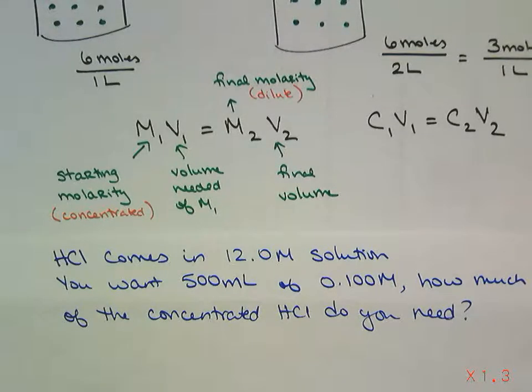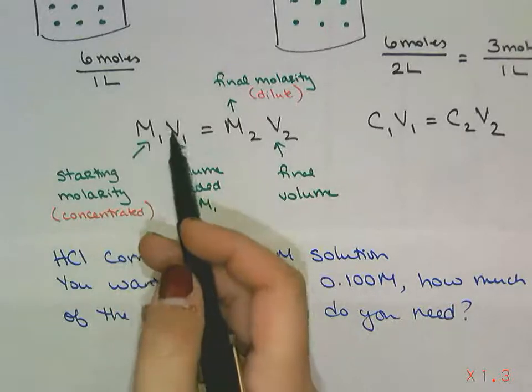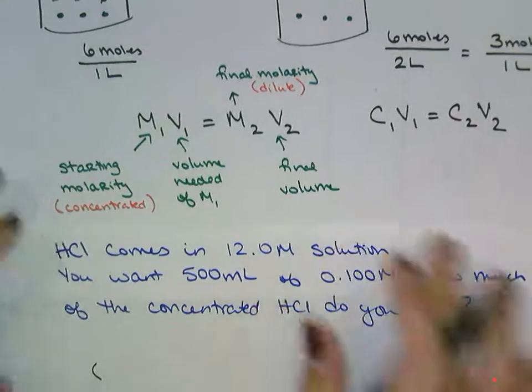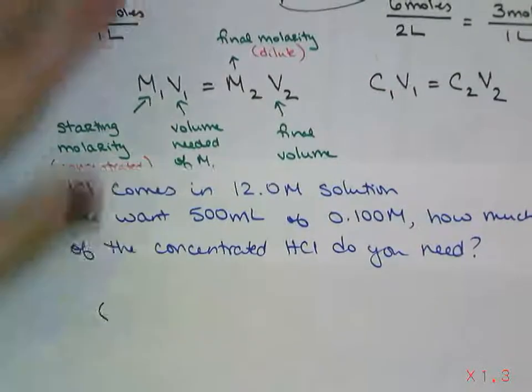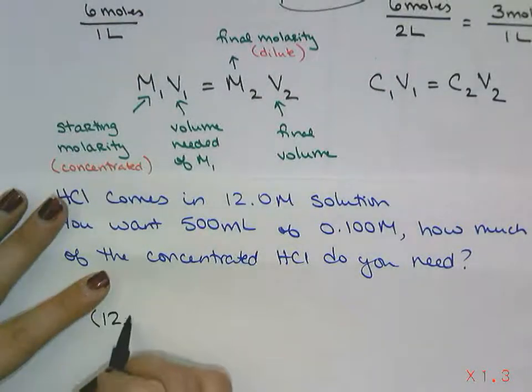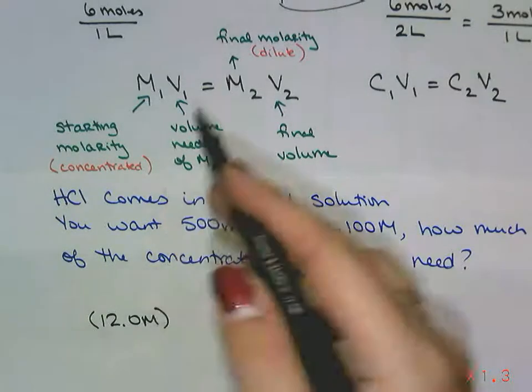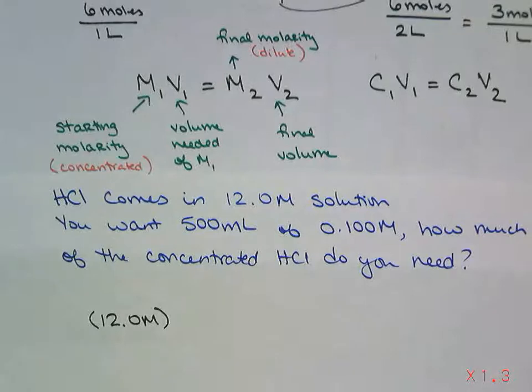All right, so I'm going to use this equation right here, M1V1 equals M2V2. What do I plug in for M1? The 12. What letter am I looking for? V1, M2, V2. Which one am I looking for?